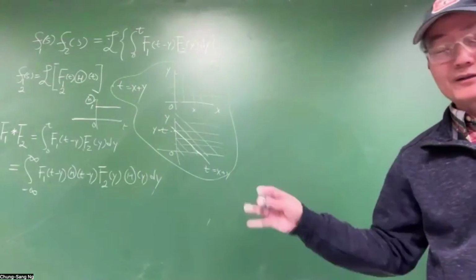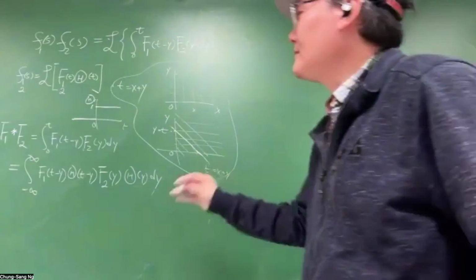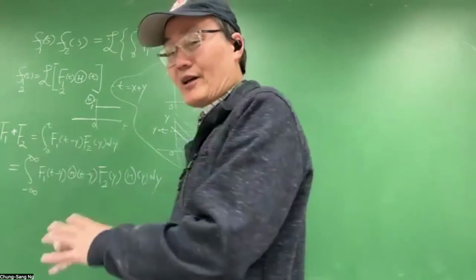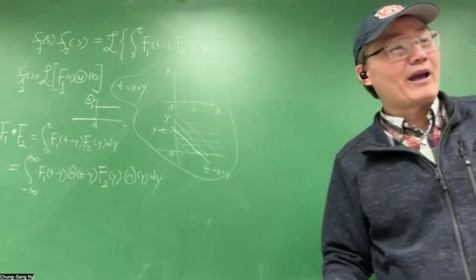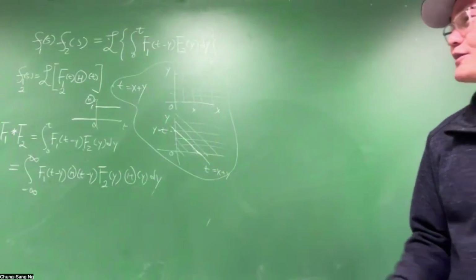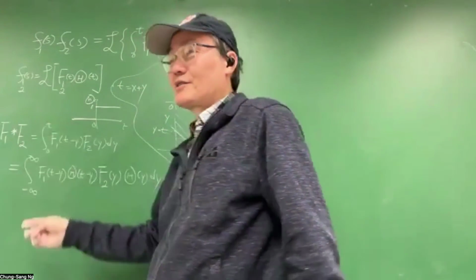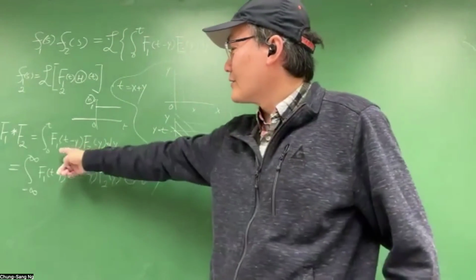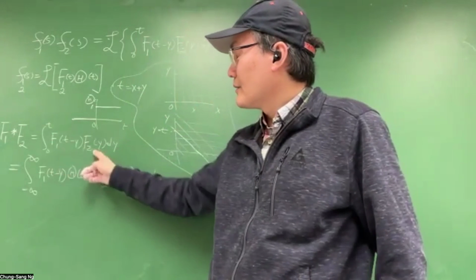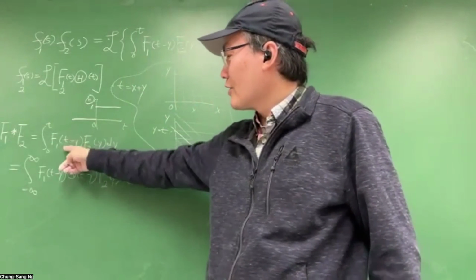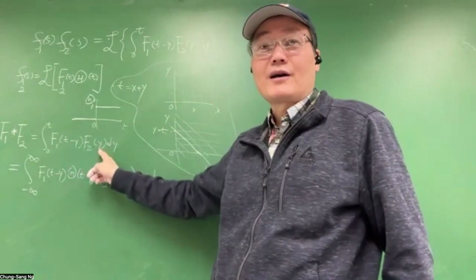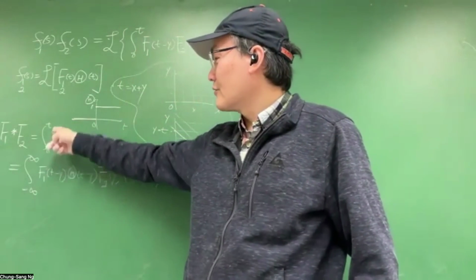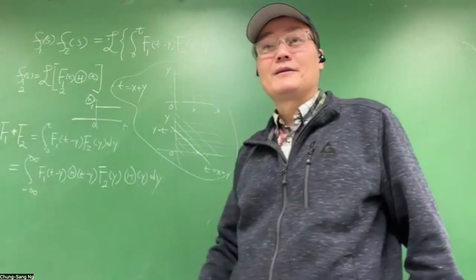This might also help if you forget how you change this limit: think about f1 and f2, which are only non-zero for positive argument, and then you can figure out that the range should be 0 to t.